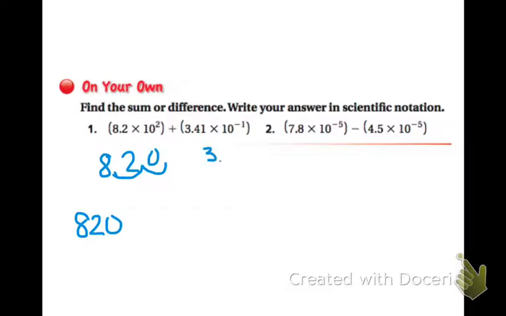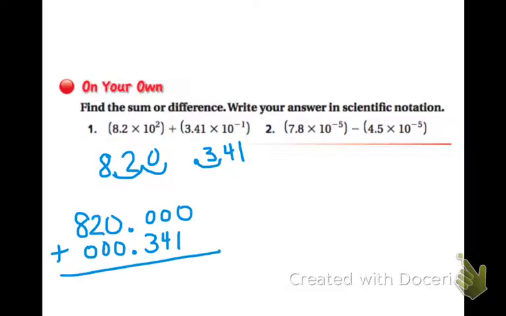And then for 3.41, we have to go to the left, and that becomes 0.00341, right, because the decimal would be here, and we'll line up the decimals, 3, 4, 1, so you fill in with zeros here, and when you add, you get 820.00341, and then to put it back in scientific notation.